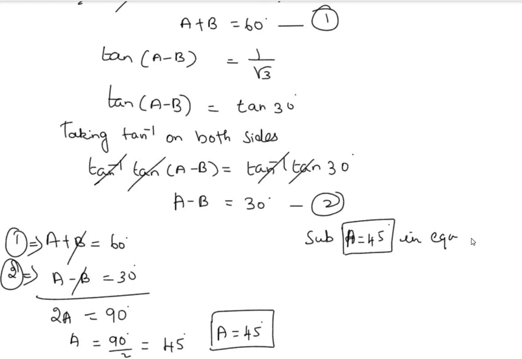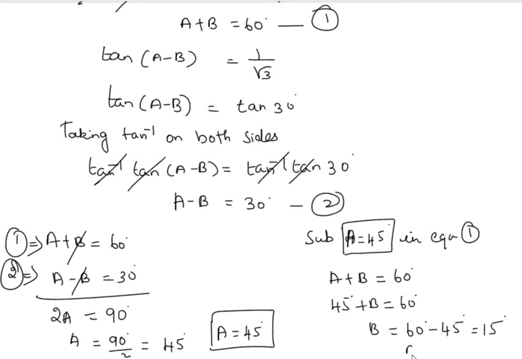Suppose I am substituting in equation 1. What is my equation 1? A plus B is equal to 60. So 45 plus B is equal to 60. B is equal to 60 minus 45, that is 15 degree. So I am getting B is equal to 15 degree.